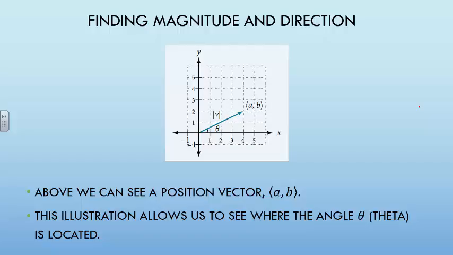Starting here with a position vector, A, B. Remembering position vectors always start at the origin and are called by their terminal point. And we can see in this illustration where exactly the angle theta is located. And we're working in quadrant 1 here. And angle theta is formed between the x and the y-axis by the vector.